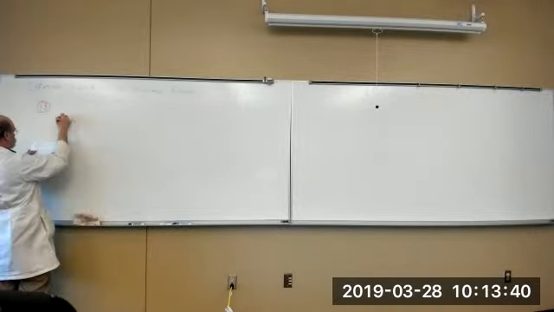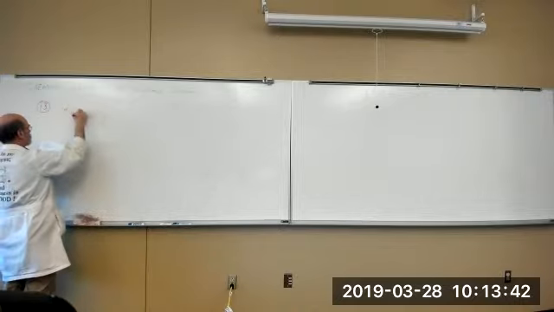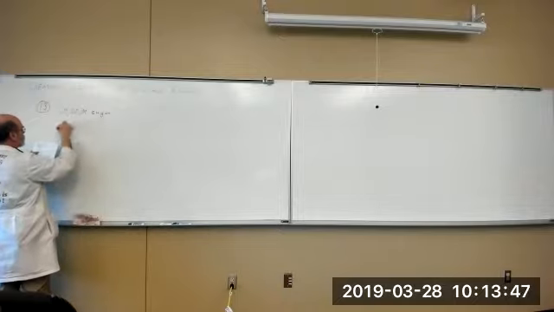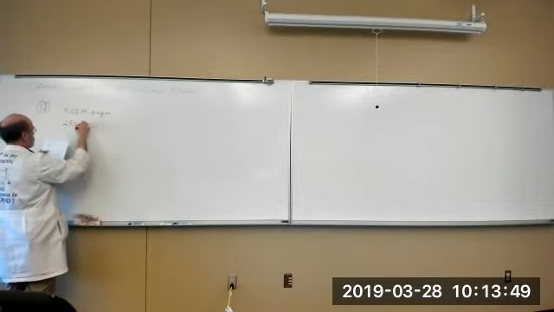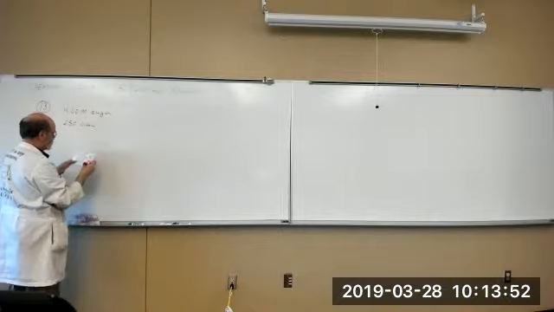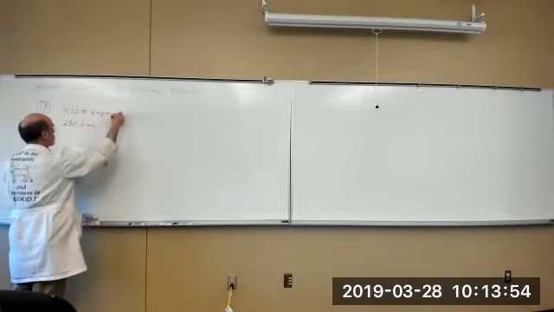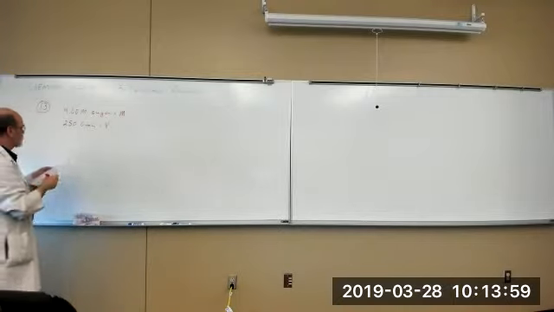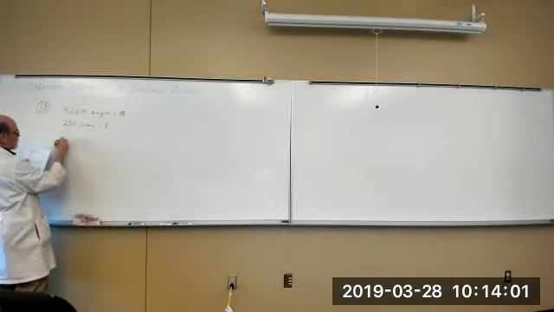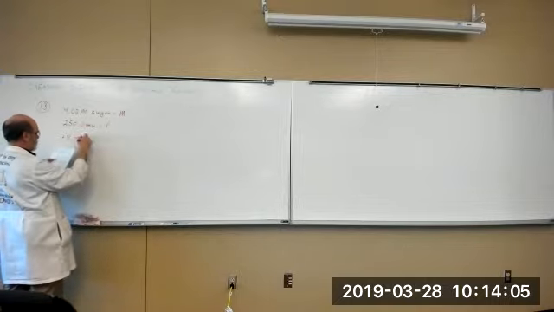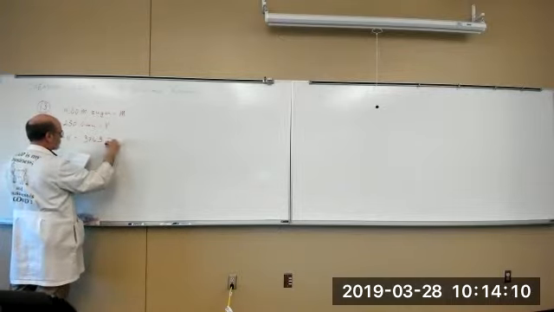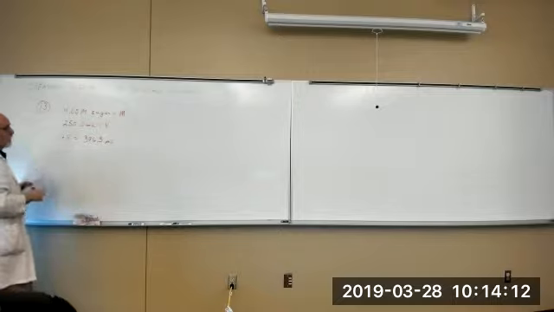So if you have 4 molar sugar and you have 250 milliliters of it, volume, that's molarity. And we want to know the concentration after you add 376.3 milliliters of water.